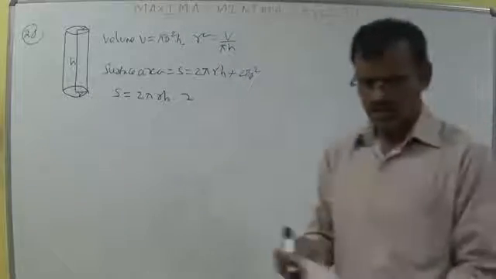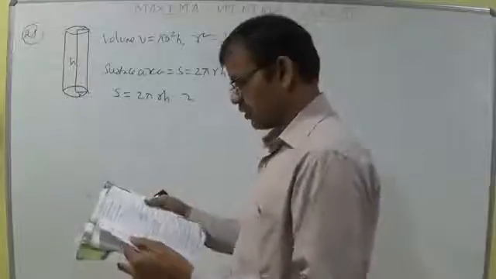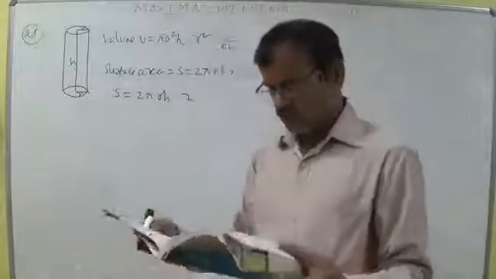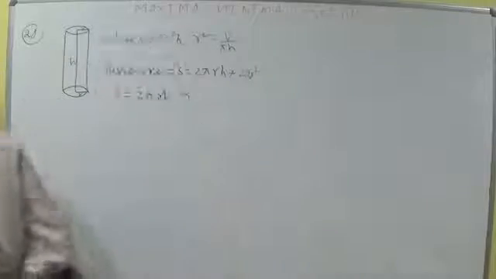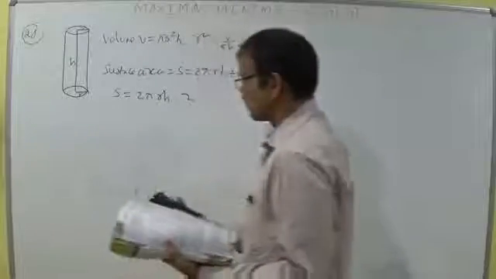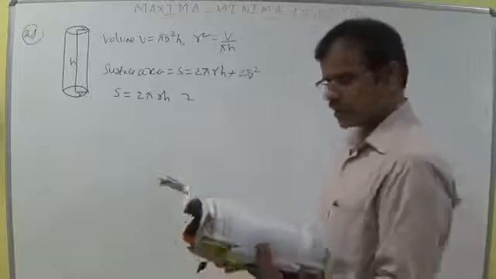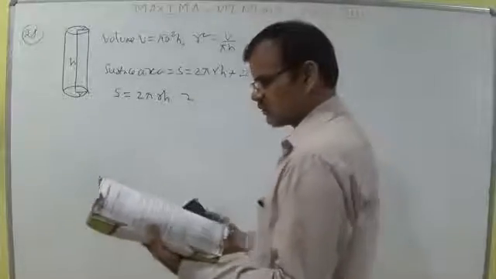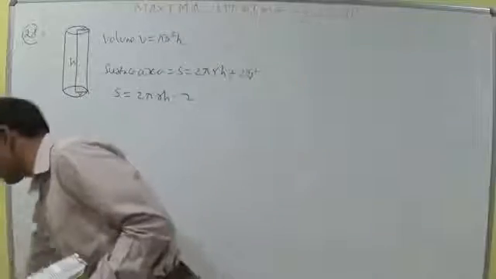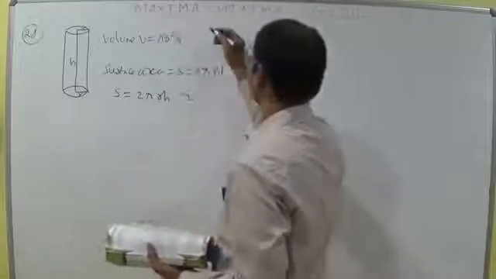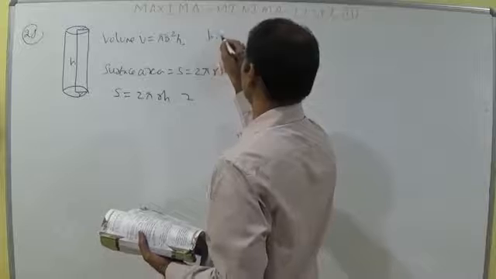Let us discuss the condition of the 28th question. He gave the condition that a closed cylinder of given volume has least surface area. We can take h is equal to V by pi r square, no problem.